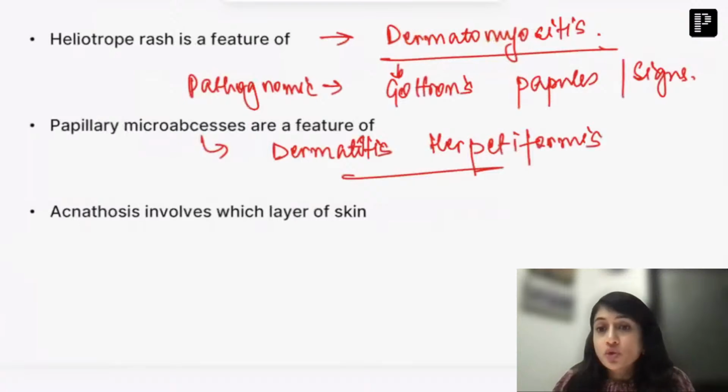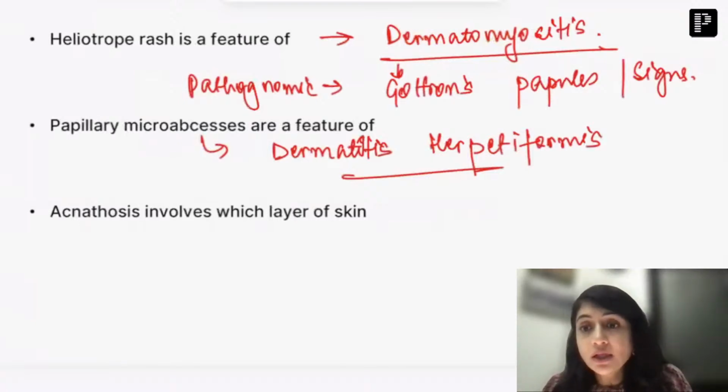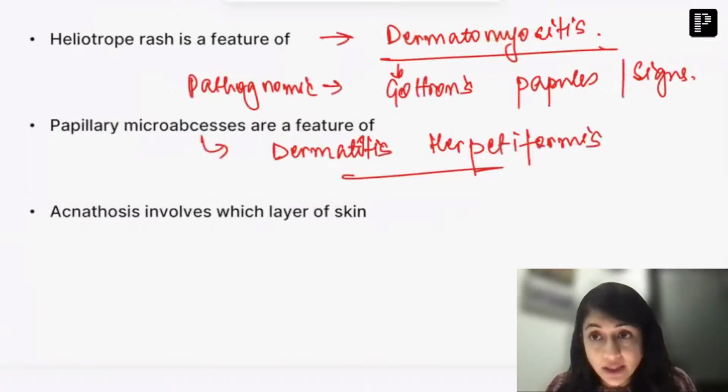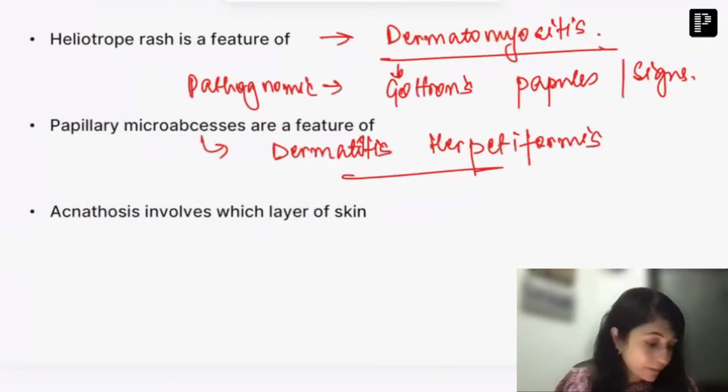Dermatitis herpetiformis, you all know, will present with enteropathy and with itchy lesions in the extensors. It is very difficult to diagnose clinically. You do a biopsy, you see papillary microabscesses, you do DIF, you again see IgA deposition in the papillary tips.